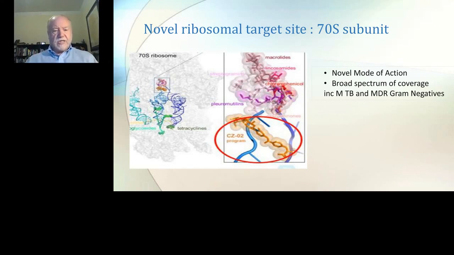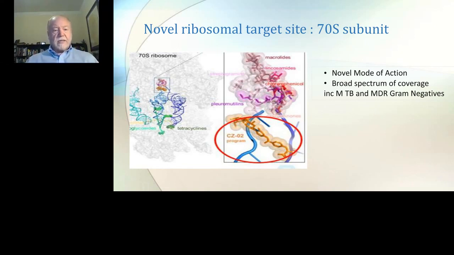And if you look at the center of this particular image, you'll see that macrolides, lincosamides, chloramphenicol, they work in the 50S component. Pleuromutilins, which is Lefamulin, you may have heard me mention that previously, that also works in the 50S, but at the lower end. Whereas here, the cursor molecule works in a completely different part of the protein synthetic mechanism of the ribosome.